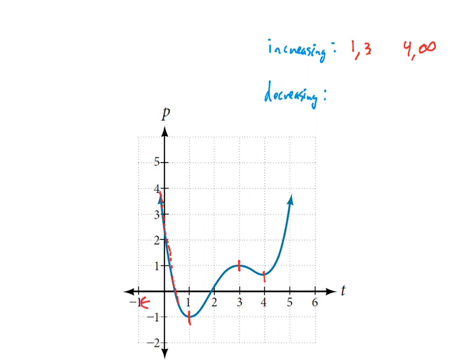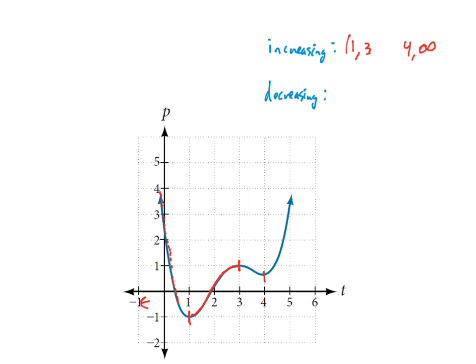If I'm climbing up here, what happens exactly at 3? At 3, I'm no longer going up, but I haven't started to go downhill yet. So we don't include 3 in either the increase or the decrease, because at 3 I'm doing neither. We would say the change is constant.